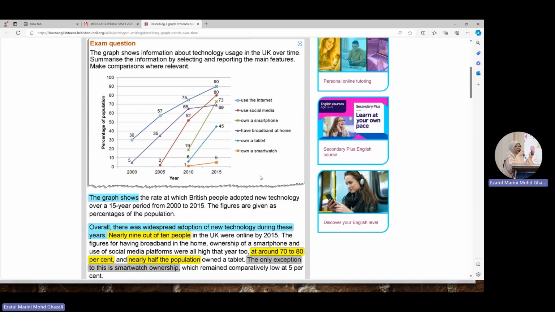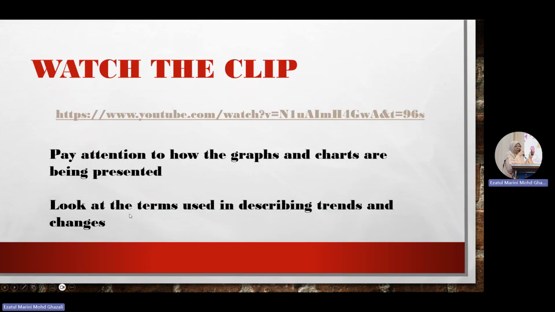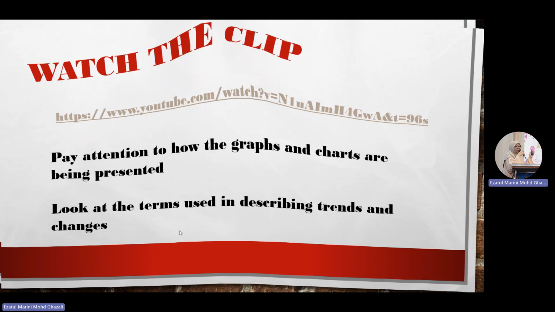However, if you are not up to that level yet, you can use simpler vocabulary and simpler phrases, but try as best as you can to adopt the adjective, noun, and verb language forms in describing graphs and charts. Okay, that is for line graph.